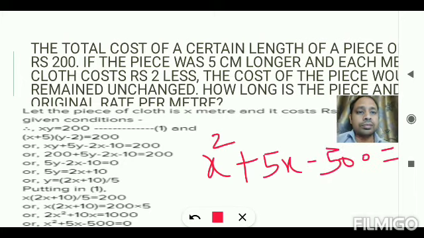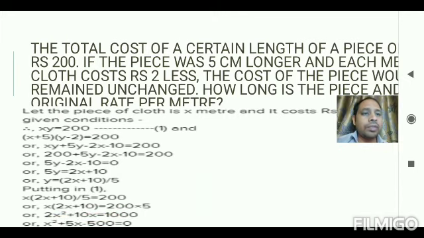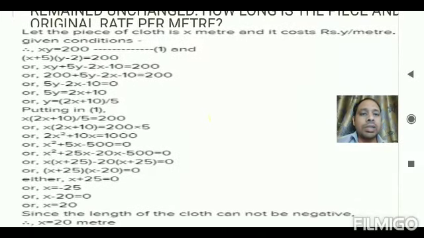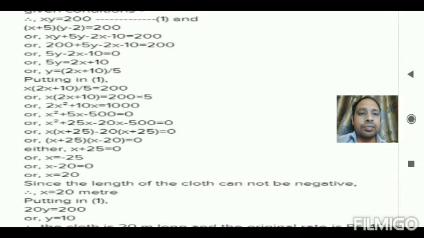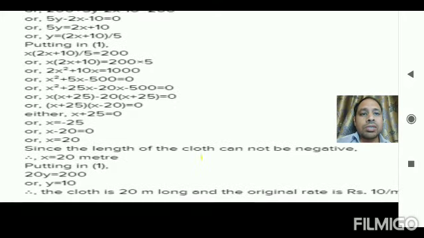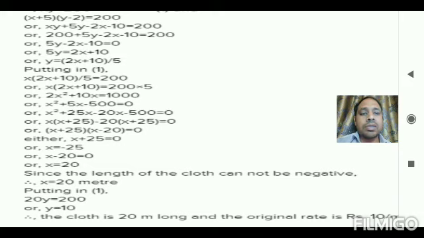If you simplify this one, you will get x equals to minus 25 and x equals to 20. The x equals to minus 25 is not possible. Therefore x equals to 20 meter. On putting x equals to 20 meter, we will get y equals to 10. That means the cloth is 20 meter long and the original rate is 10 rupees per meter.